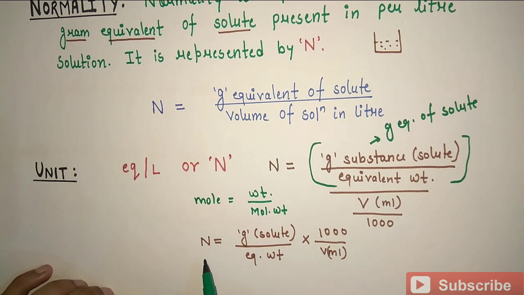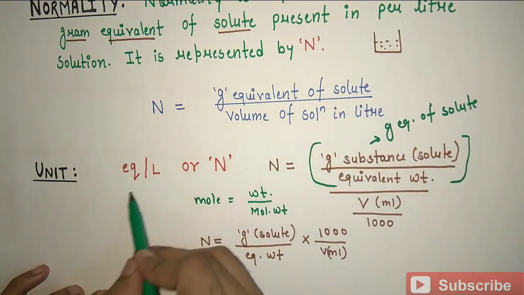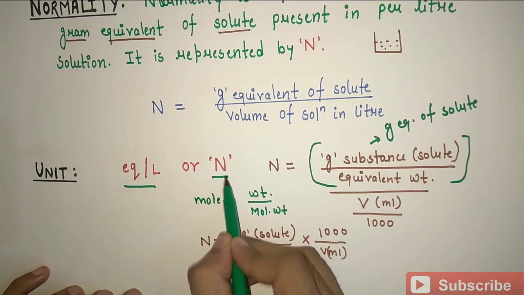Now the formula for normality becomes weight of the solute in gram divided by equivalent weight, into 1000 upon volume in ml. The unit for normality is equivalent per liter, or simply capital N.